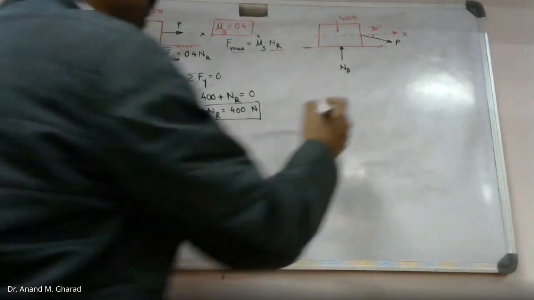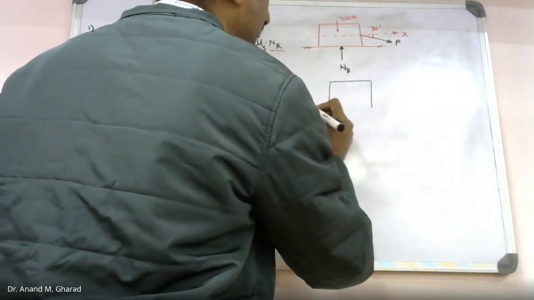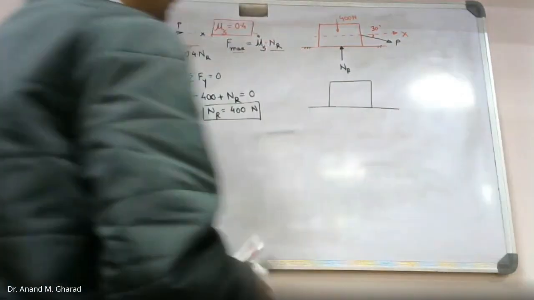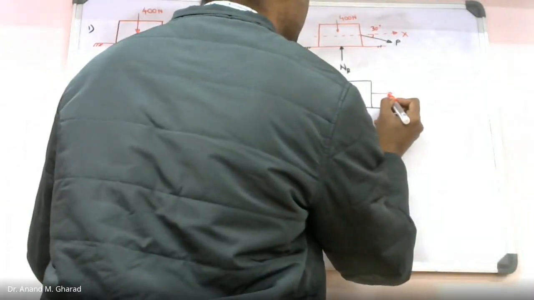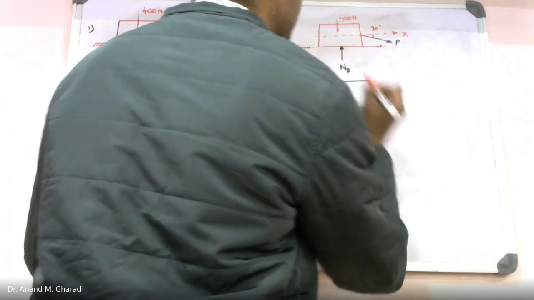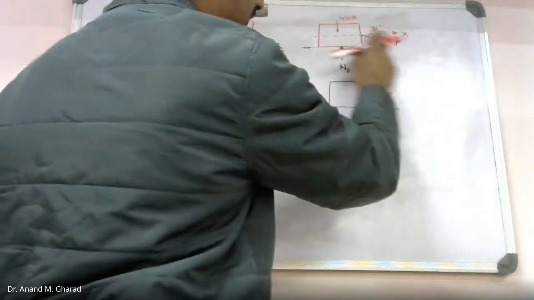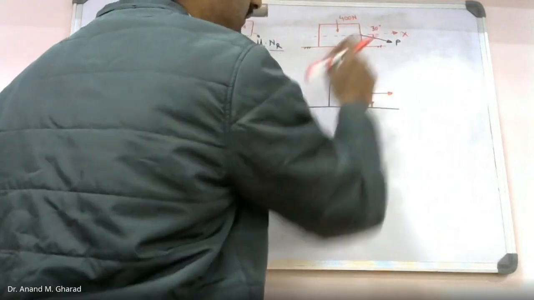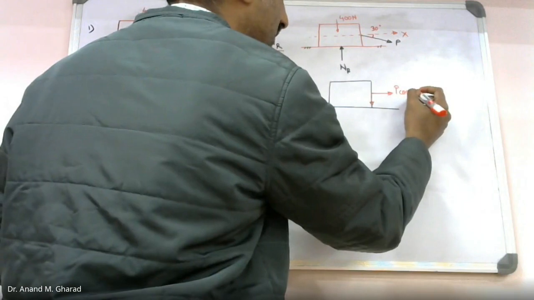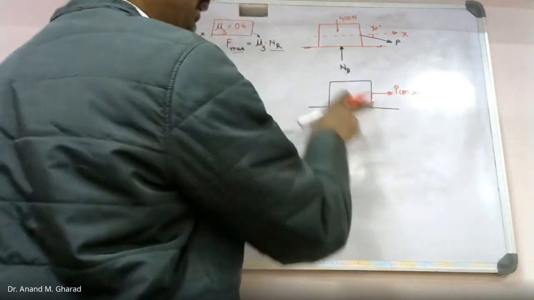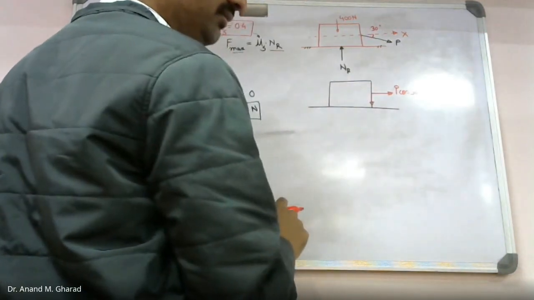For that, let us try to understand the resolution of forces. This force P being inclined at an angle of 30 degrees with the horizontal, you will find that P cos 30 will be acting in the positive x direction, right?